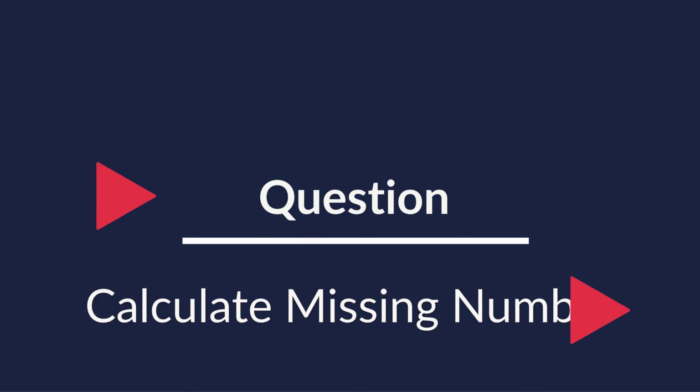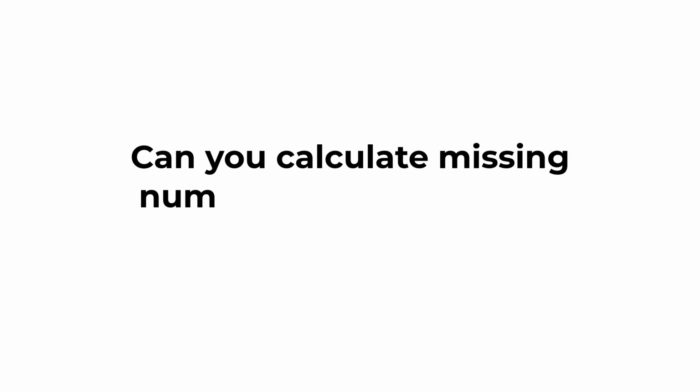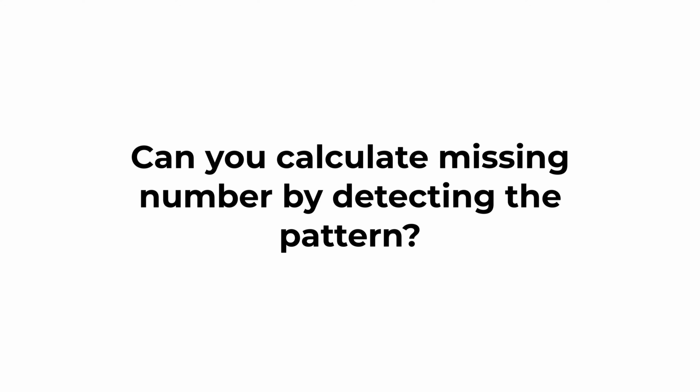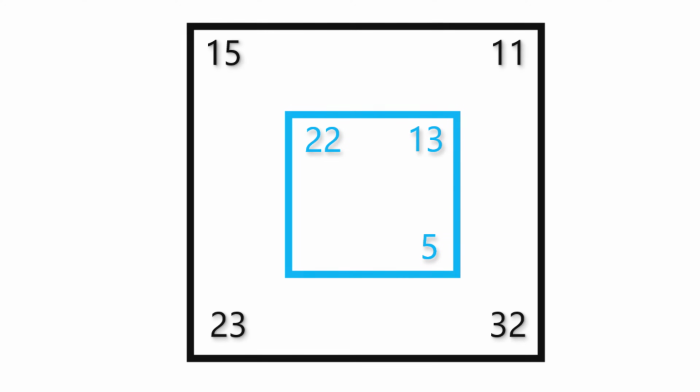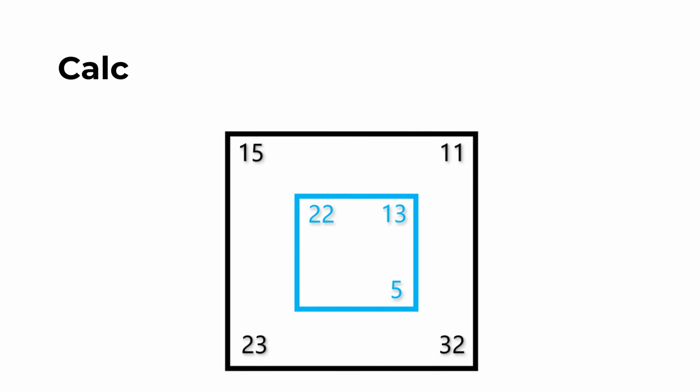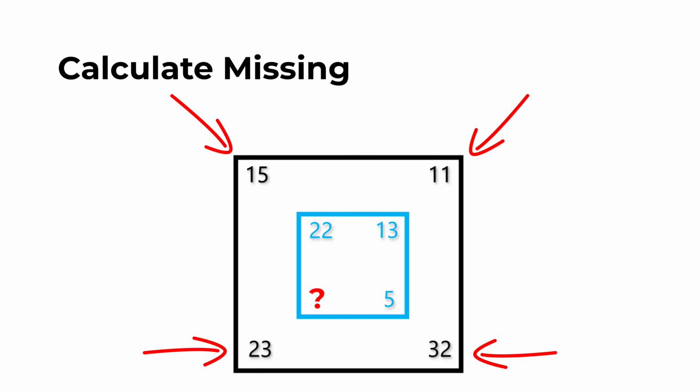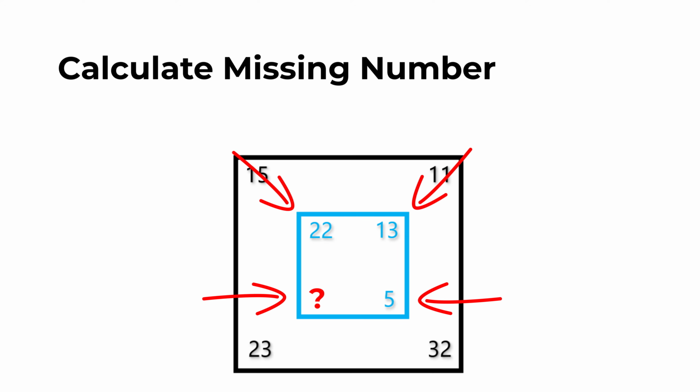This is a very interesting question which requires you to do calculations based on a pattern that you need to detect. You're presented with 2 squares. A small square is located inside the larger square. There are numbers in all corners of the larger square as well as in all corners of the smaller square.